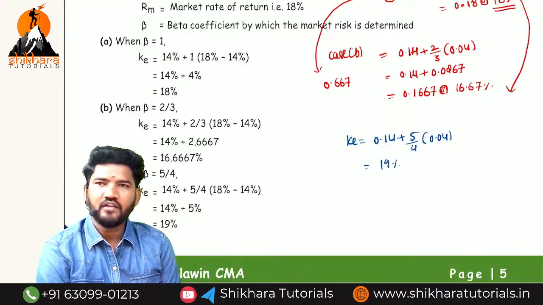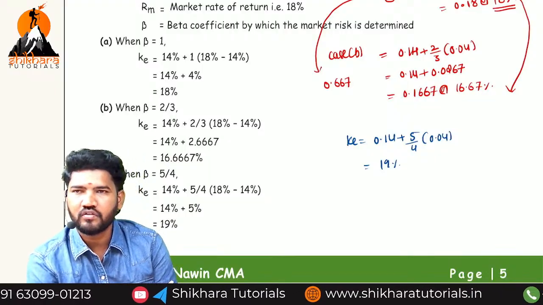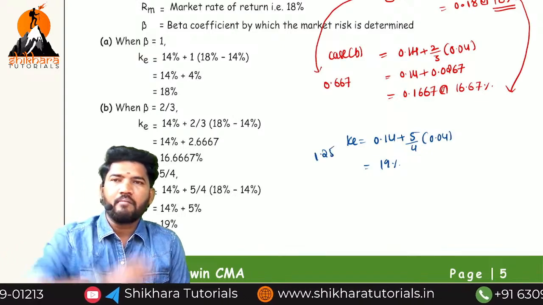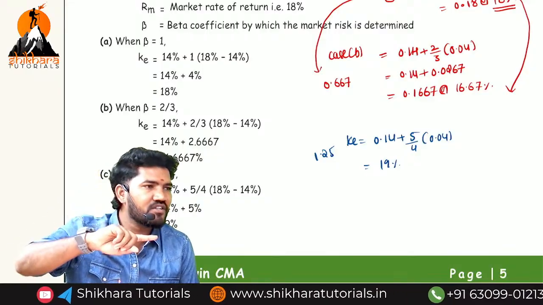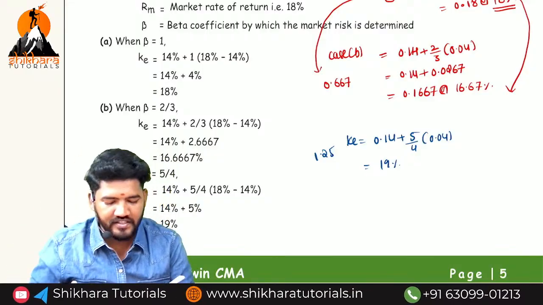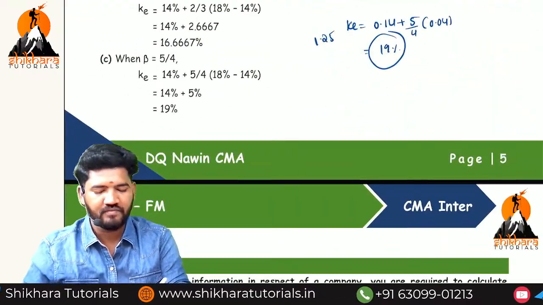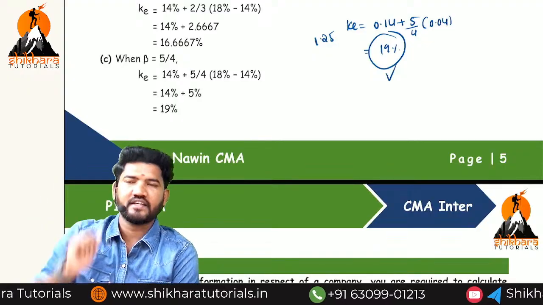What about the beta? 5/4 means 1.25. Now what happened to beta compared to case 1? It increases. If beta increases, risk also increases. If risk increases, expectation also increases. Previously it was 18%, now it is 19%.